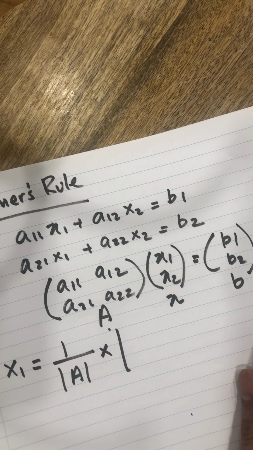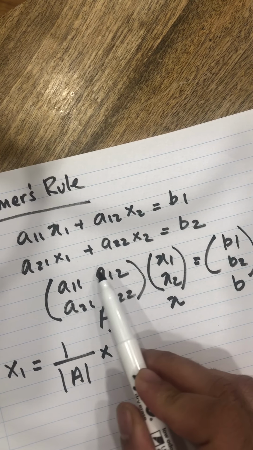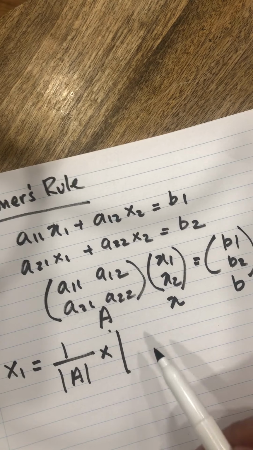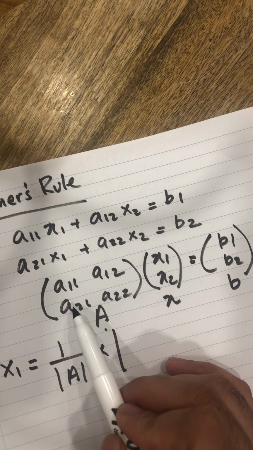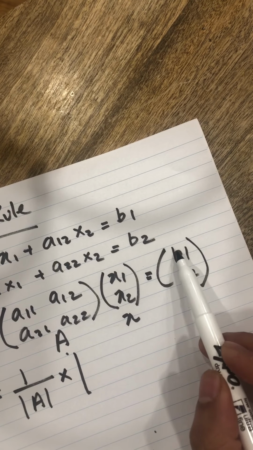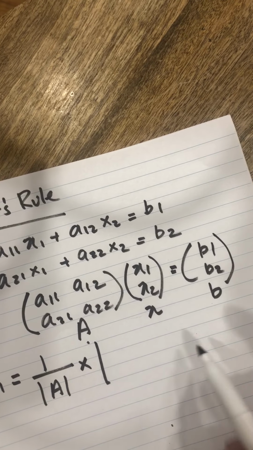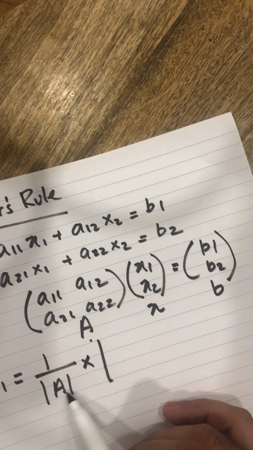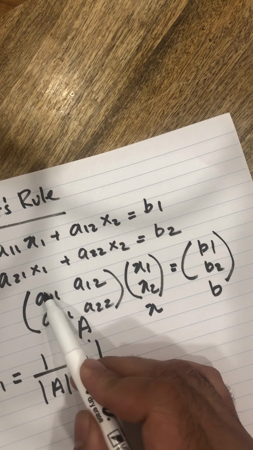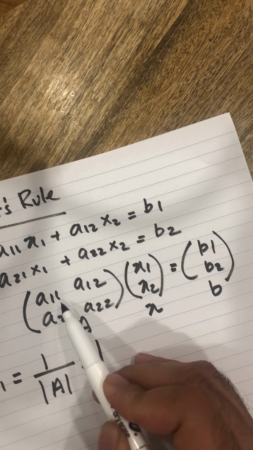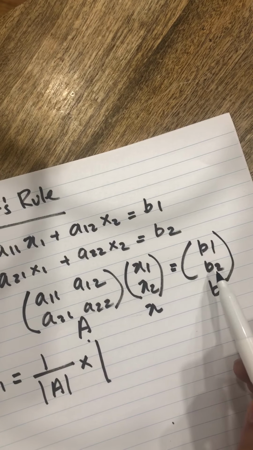This special matrix is, you take the matrix A, but you replace the first column by the elements in your matrix B. So 1 divided by the determinant of A into this special matrix where you're replacing this column here with b1 and b2.